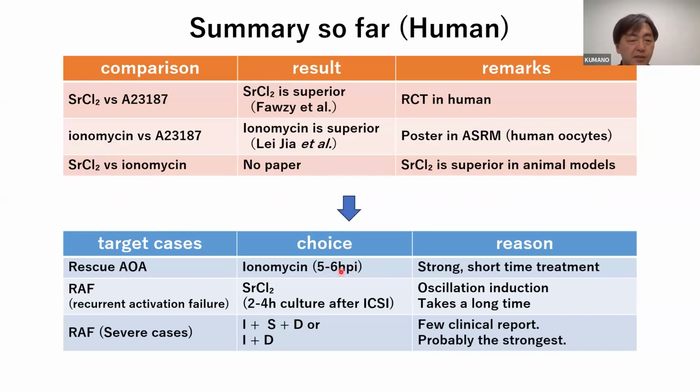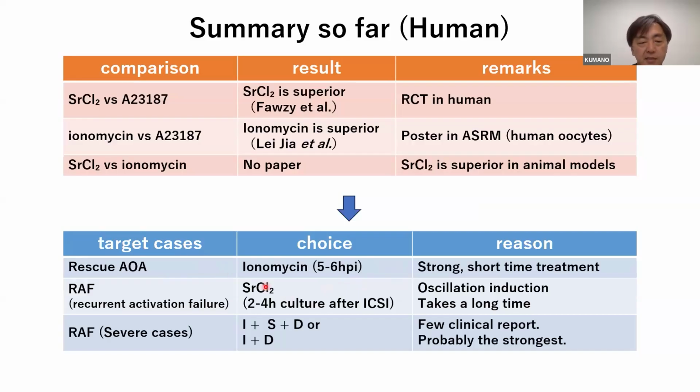From these results, when a human oocyte is treated with activation reagents as a rescue AOA, namely when the oocyte is treated 5 to 6 hours after sperm injection, I think it's better to choose ionomycin.